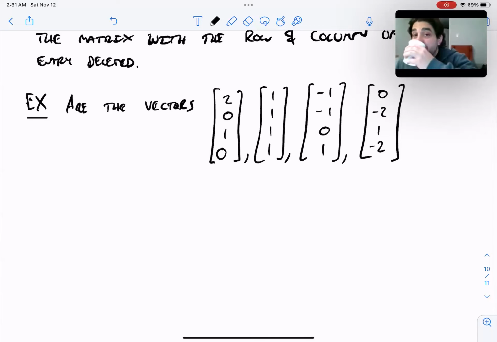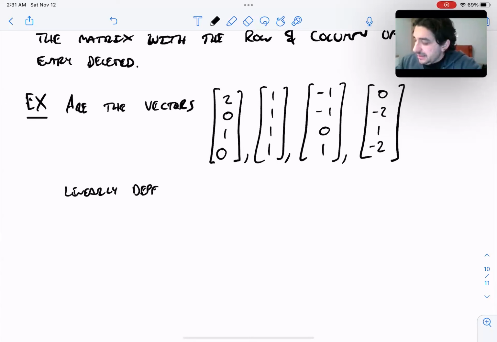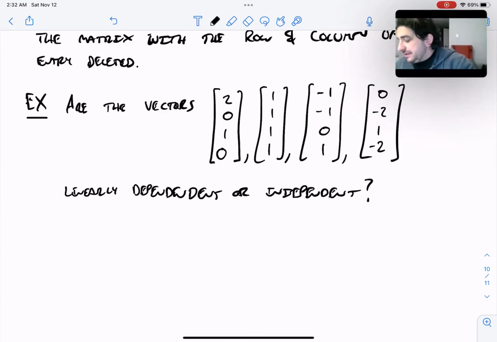Right, so there, I want to know, these 4 vectors, are these vectors linearly dependent or independent? Which one? Right, that's what I want to know. So yes, I have these 4 vectors, right?